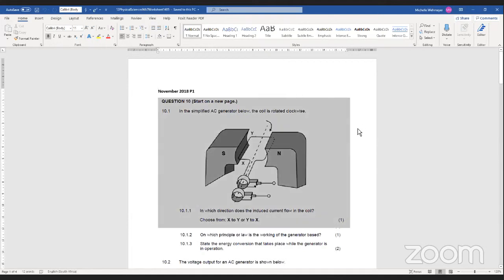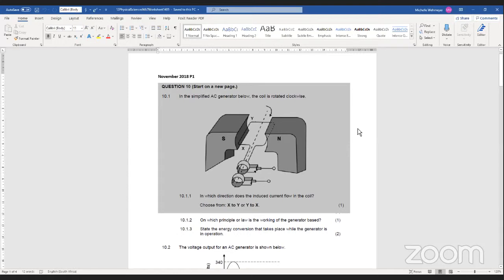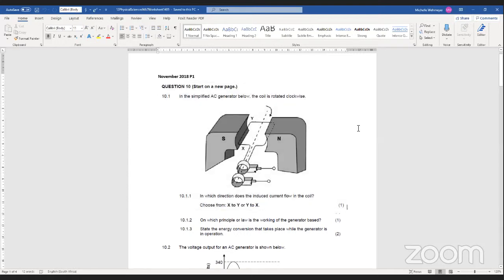And they give you this picture for 10.1 and they say, in the simplified AC generator below, the coil is rotated clockwise. And 10.1.1, they ask you, in which direction does the induced current flow in the coil?